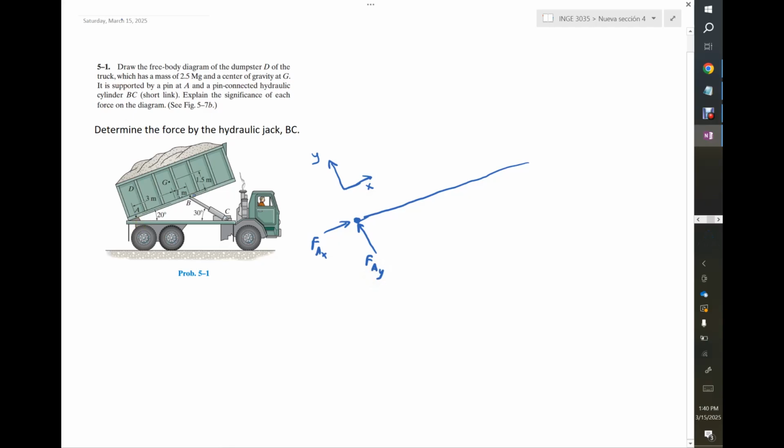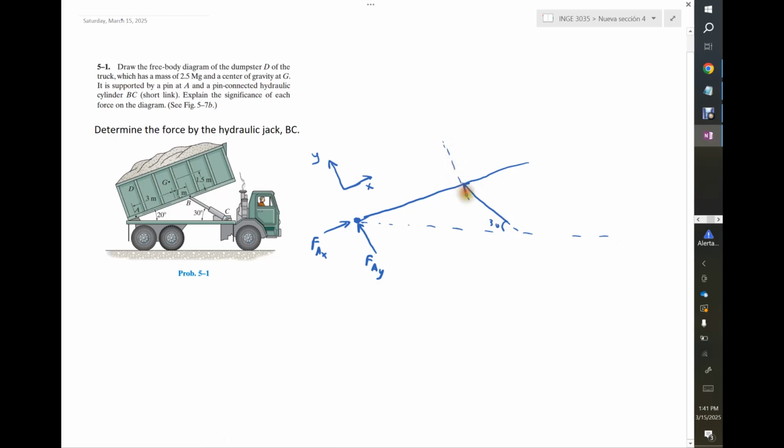Now that's pin A. What's going to happen on B? That's very interesting, because on B there's a force going that way, and that force is at an angle with respect to my y and x. That's the hydraulic jack, and according to this diagram it is at 30 degrees right here.